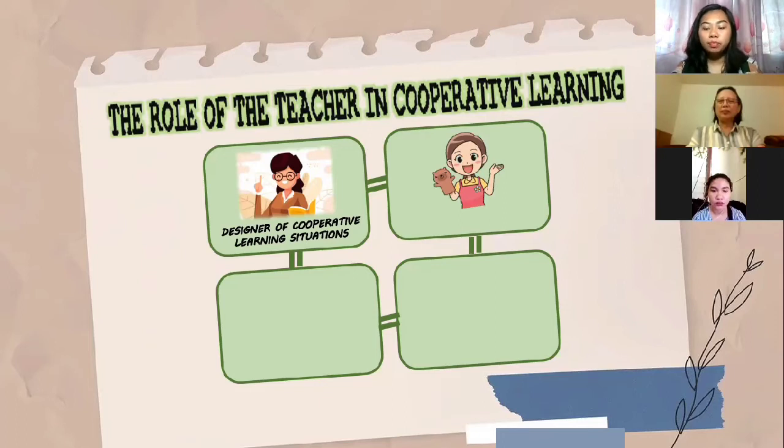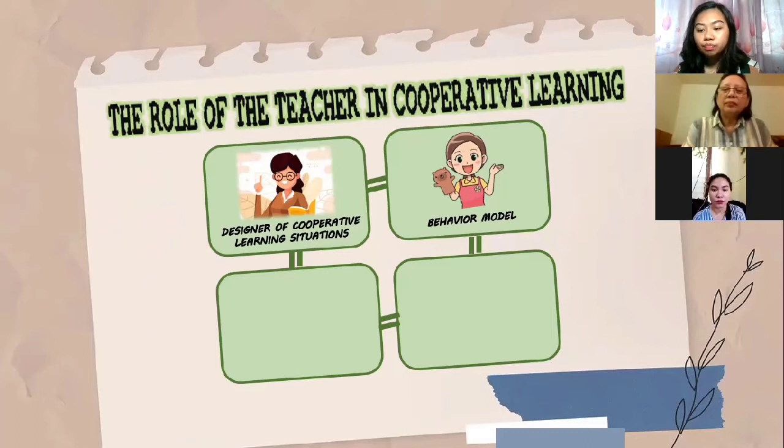You have to think of what can be done in a learner-centered classroom. You, as a teacher, have to know what the strengths and weaknesses of your students are, their needs and interests. Next, the behavior model. Of course, you have to be the model of the class. You have to maintain good character as a teacher.